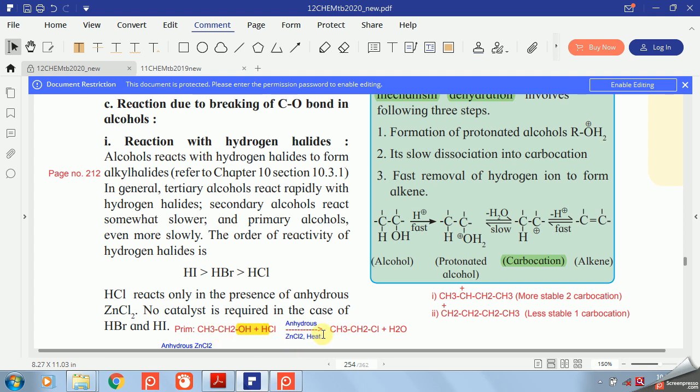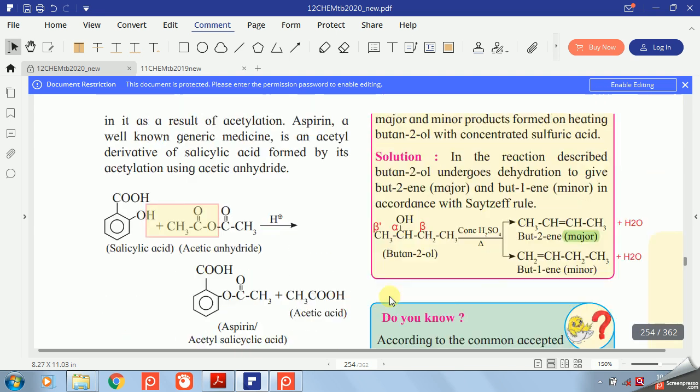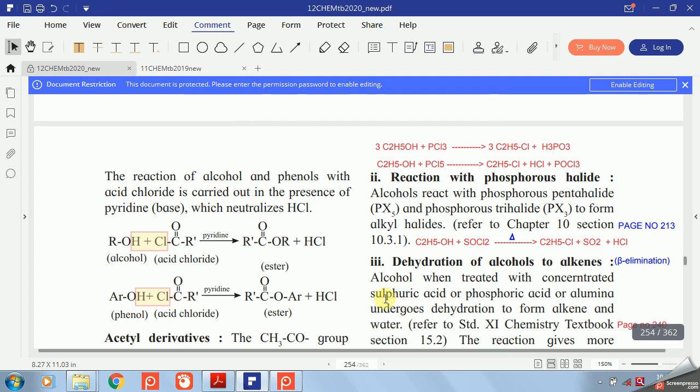So ethyl alcohol gives ethyl chloride. Similarly, n-propyl alcohol gives n-propyl chloride as a product. The reagent is the same.